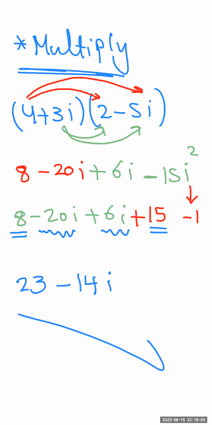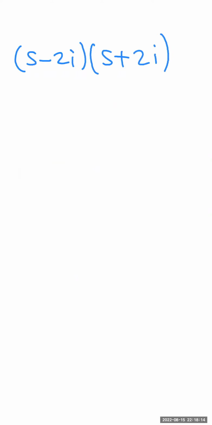Okay, let's shift to the next point, another multiplication question. 5 minus 2i times 5 plus 2i. I think this question is in the form of difference of two squares, correct?